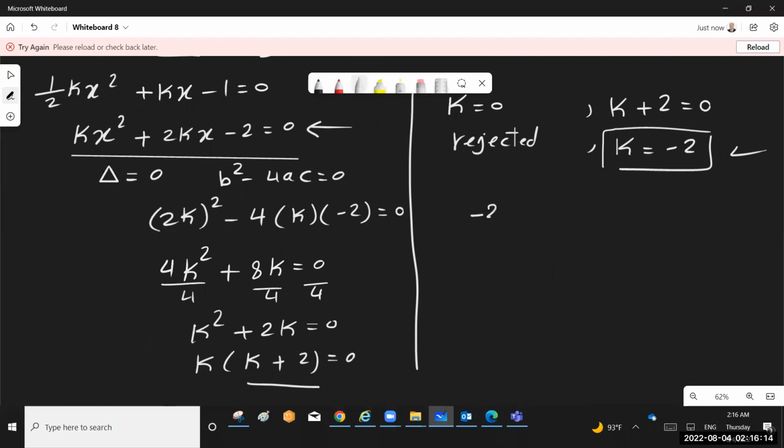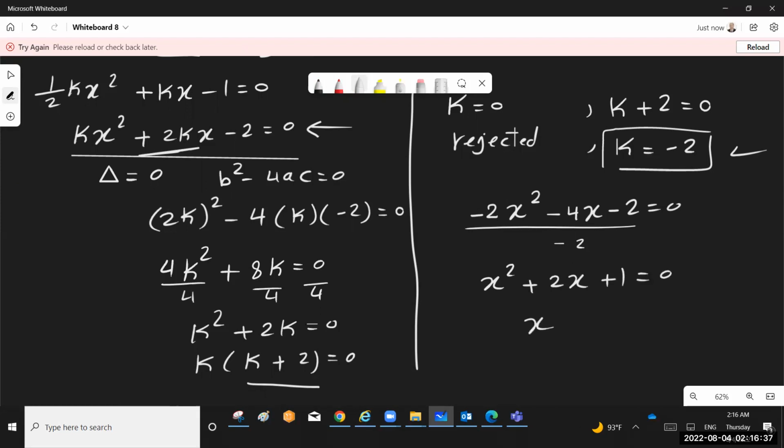So negative 2 x squared, and 2 times negative 2 here is negative 4x minus 2 is equal to 0. Dividing the whole equation by negative 2, you will get x squared plus 2x plus 1 is equal to 0. This is a complete square, written as x plus 1 all squared is equal to 0. So x is negative 1.